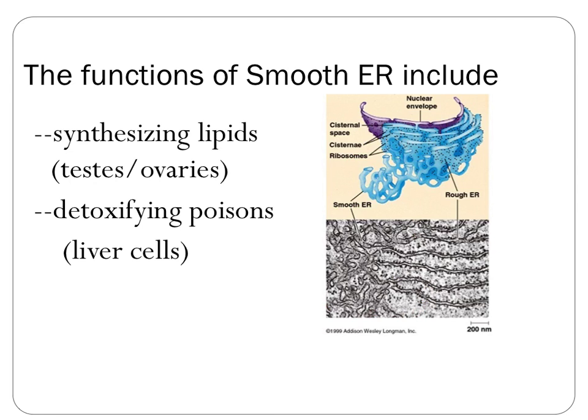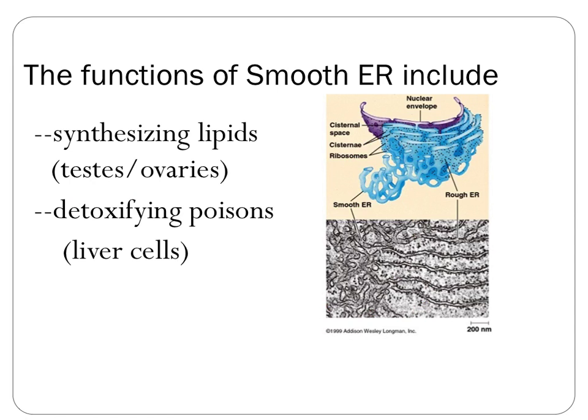It is a factory in the sense that it synthesizes lipids. Lipids, remember, are nonpolar. They serve lots of functions, including there are some lipid hormones. So in particular, the testes and the ovaries will have a lot of smooth ER because they need to be able to make testosterone and estradiol.